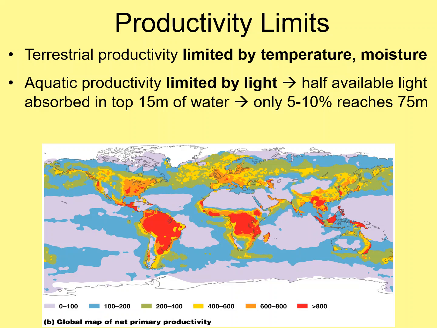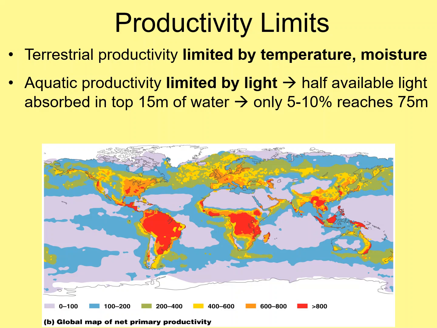So again, we expect higher primary productivity in areas that are generally wet. So tropical rainforest, for example, temperate rainforest, habitats that get a decent amount of rainfall. Where we expect it to be lowest, of course, are where we have very dry conditions and cold conditions, or dry and hot in terms of terrestrial habitat.